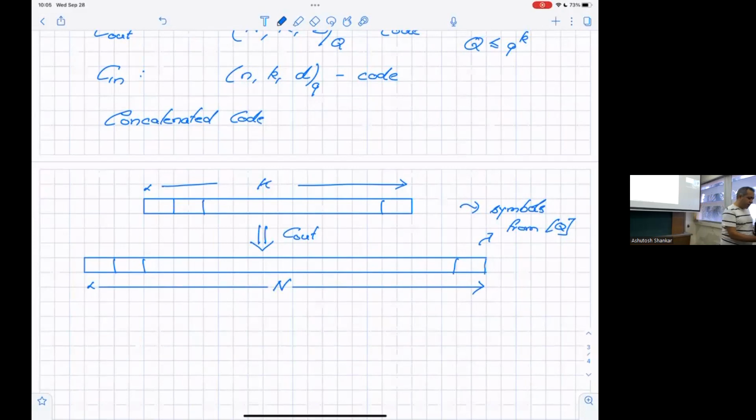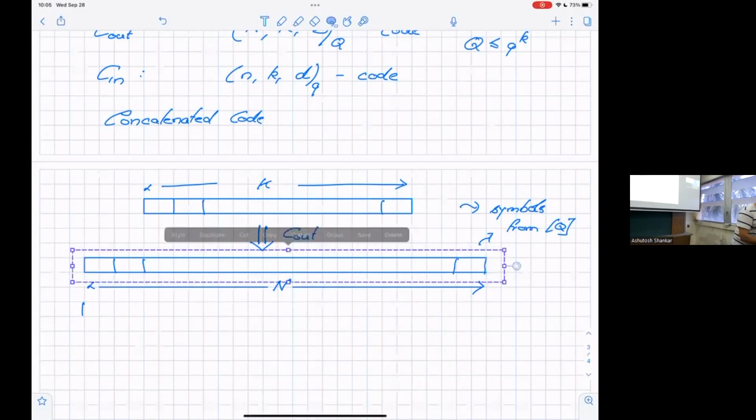Now you reinterpret each symbol over here. This is just a raw encode. What you're going to do now is just a reinterpretation.